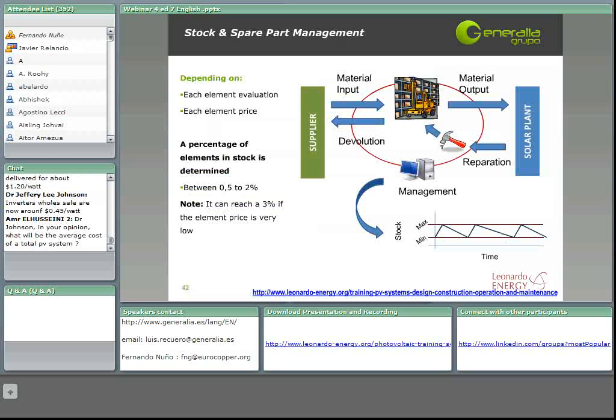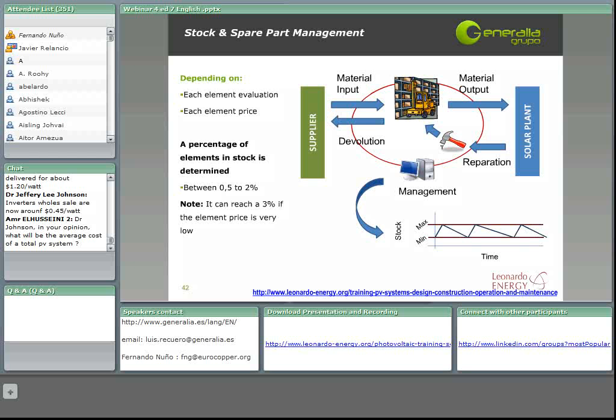Anyway, a good recommendation that you can find in the previous slide could be having spare parts of expensive elements such as the inverter only if our PV facility is over 500 kilowatts.